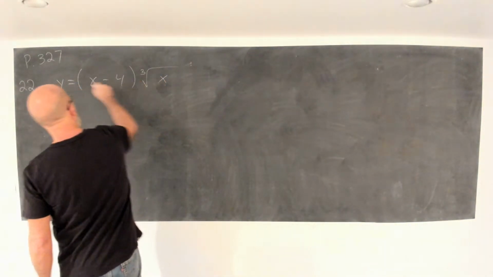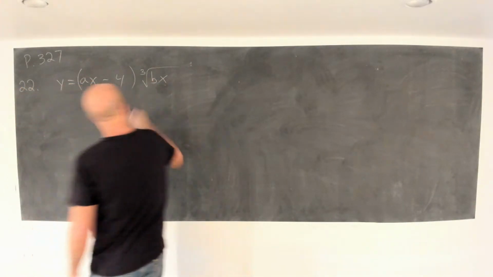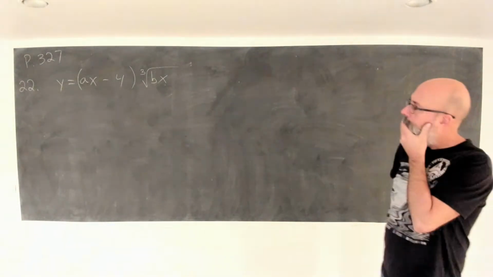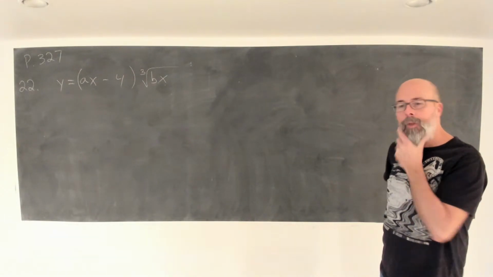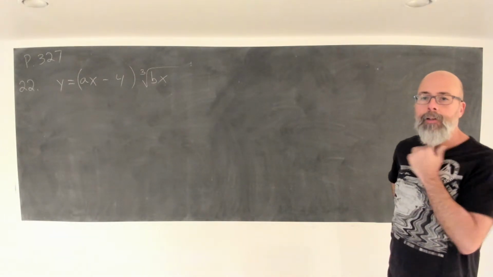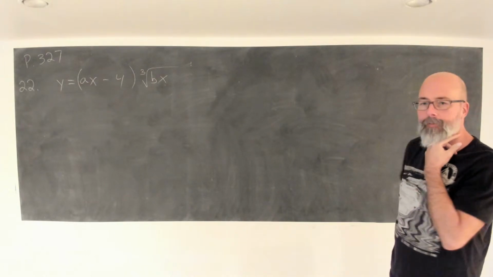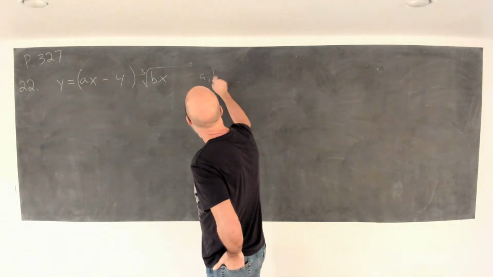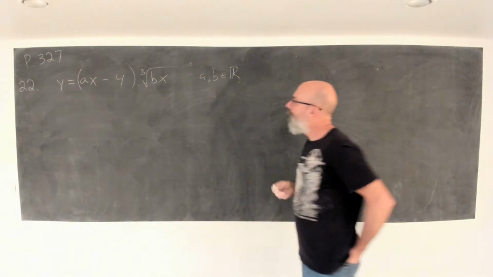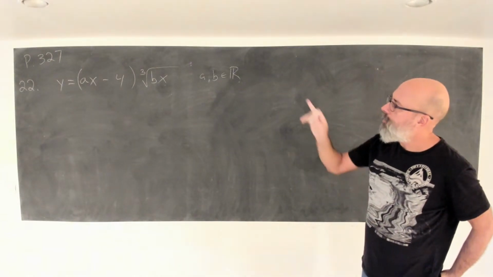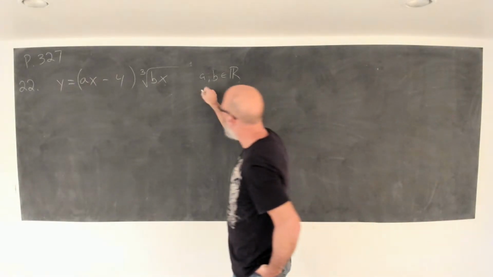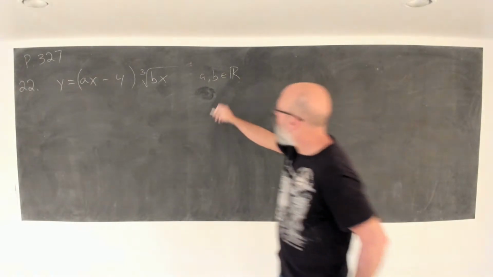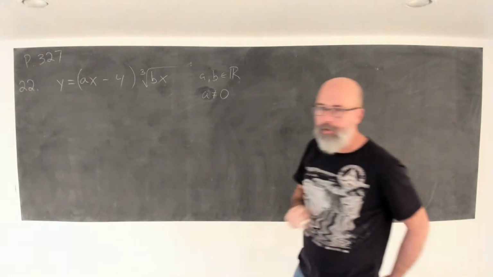Let's put an A here and a B there, where A and B are real numbers. And while we're here, let's not assume anything. No, let's assume A is not 0.